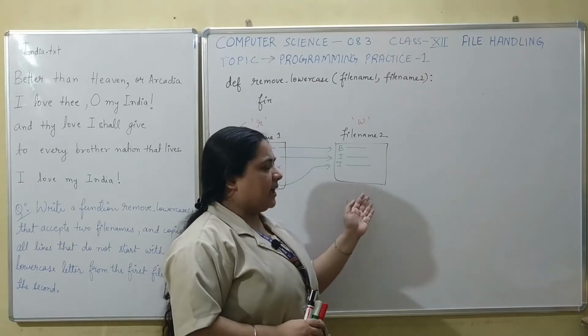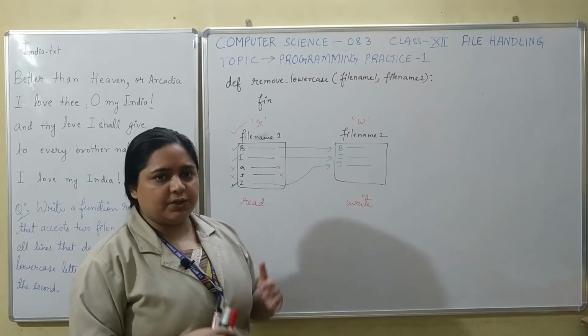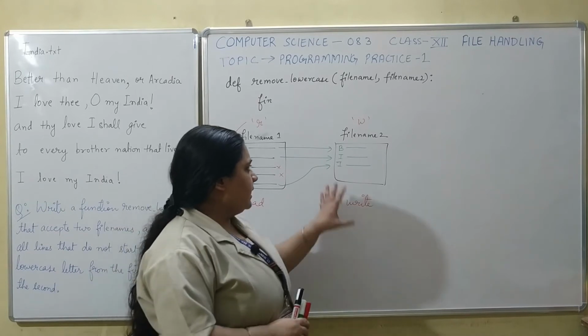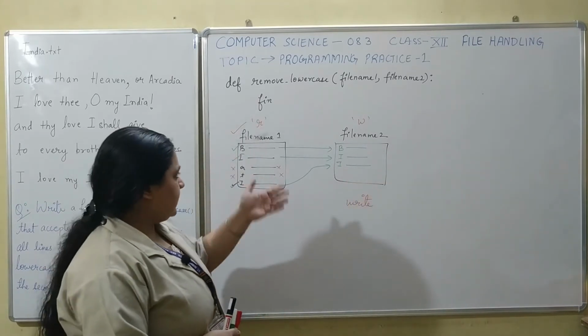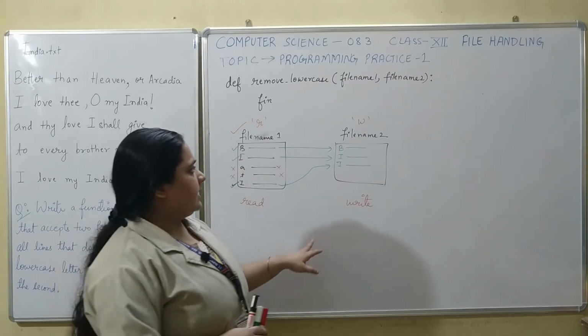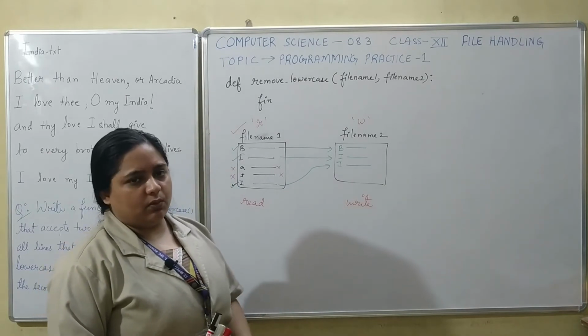So that file might contain residues from any previous program run, which we do not want. Hence every time this program runs, we want file name 2 to contain only the contents of file name 1 and nothing else. That is the reason why we have taken the mode as W over here.